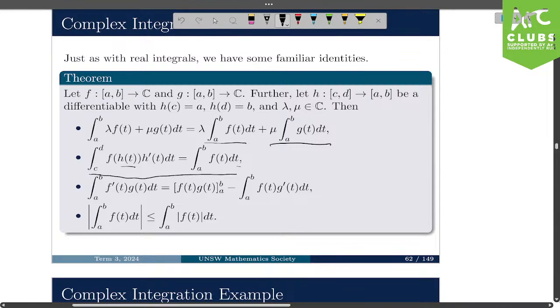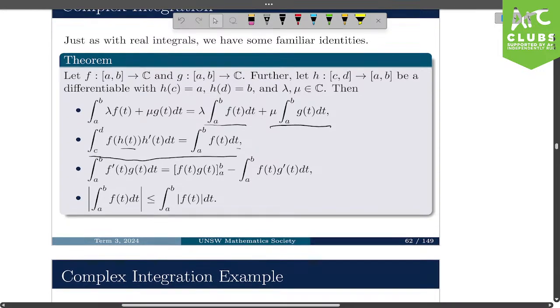We also get what we call the ML property, which gives us a bound on how large the absolute value of an integral can be, which is the same as for real numbers.